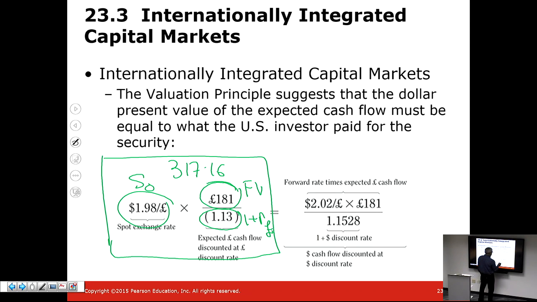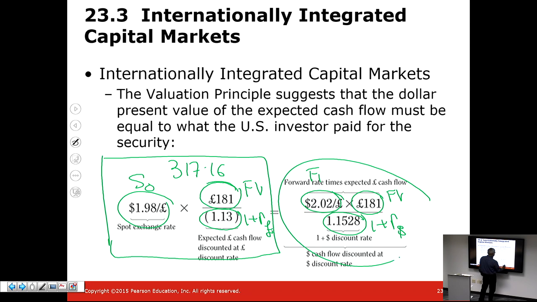On this side, I have the forward rate, F1, multiplied by the future value in pounds, divided by 1 plus the discount rate in dollars. All of that will also be 317.16.